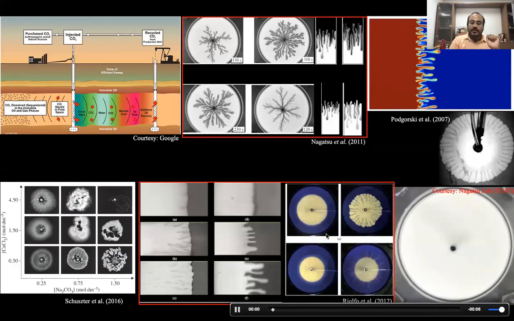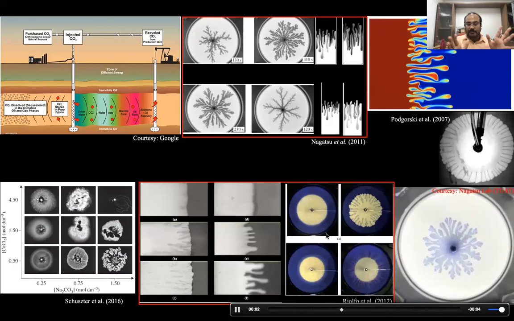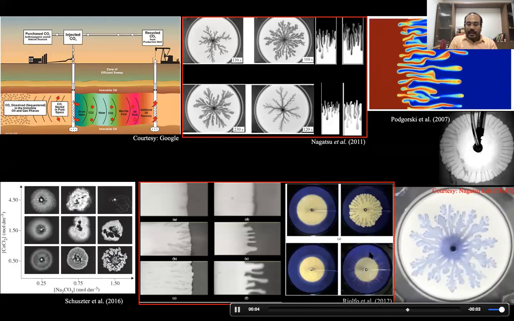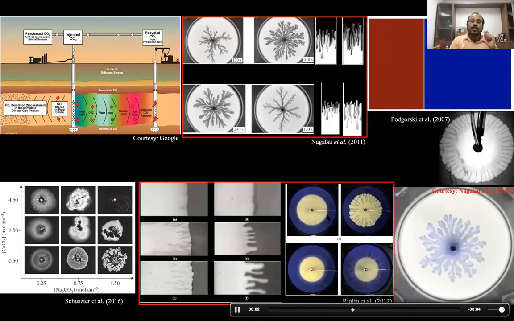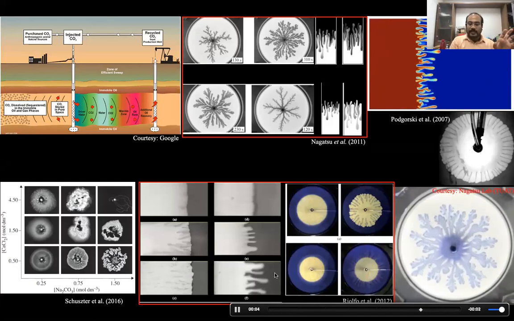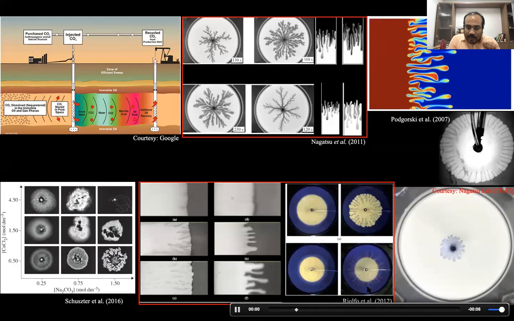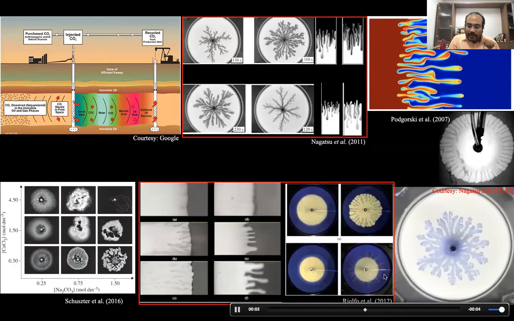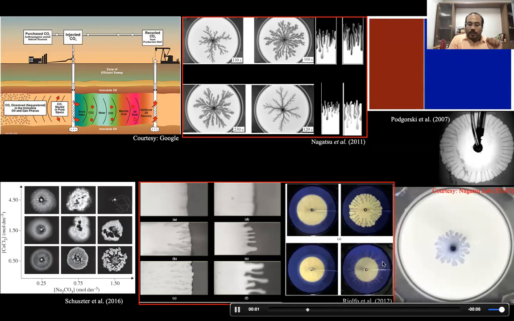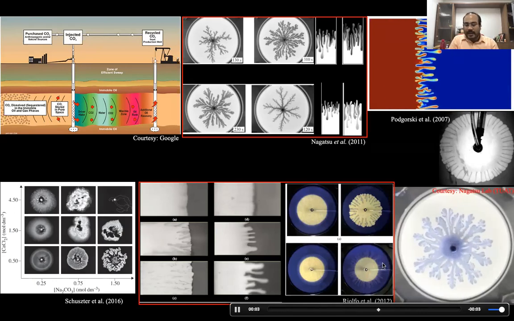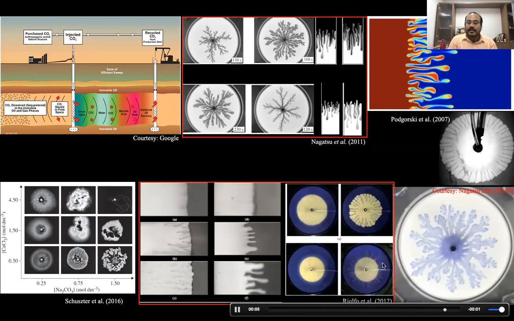This is a snapshot from a laboratory experiment which shows how the instability occurs with chemical reactions. The top one shows no chemical reaction and the bottom one shows chemical reaction. You can see there are very faded fingers observed outside this dark yellowish region, which is basically caused by the chemical reactions. So that's another setup.